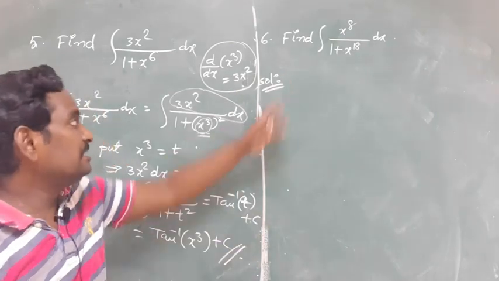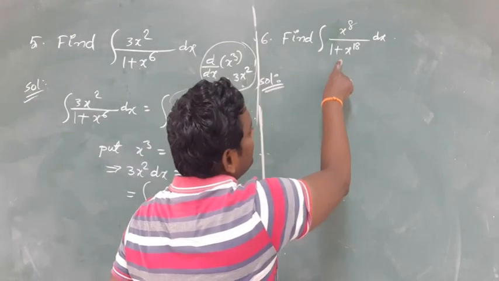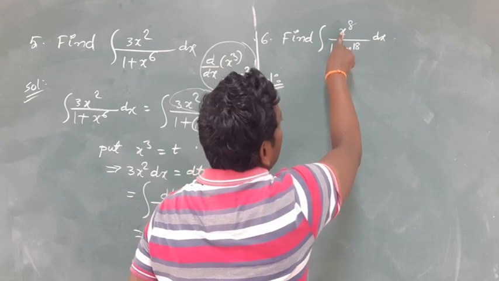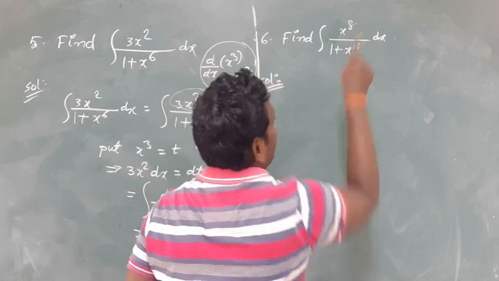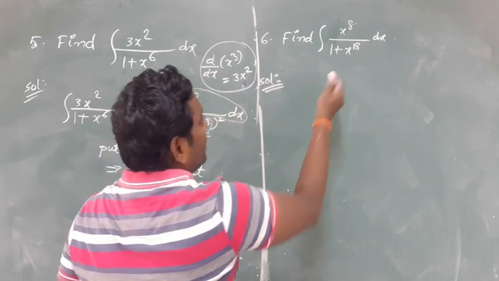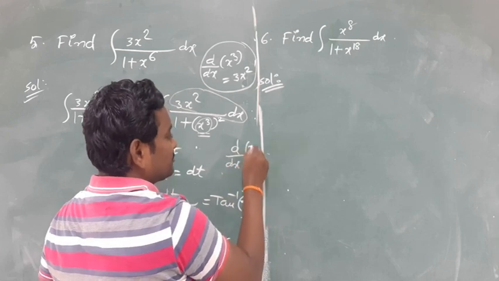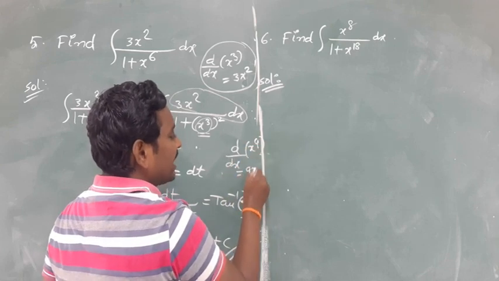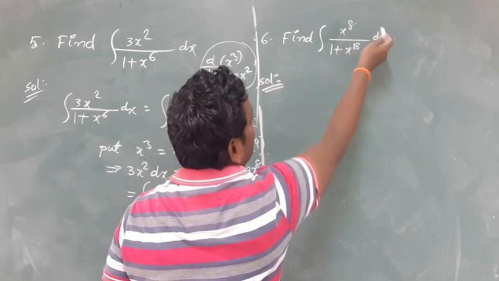Now see this similar type of problem. This one is also similar. So here we are observing that in the numerator we have x power 8. In the denominator we have 1 plus x power 18 dx. Everybody knows that the derivative of x power 9 is equal to 9 into x power 8. At least we have x power 8 in the numerator.